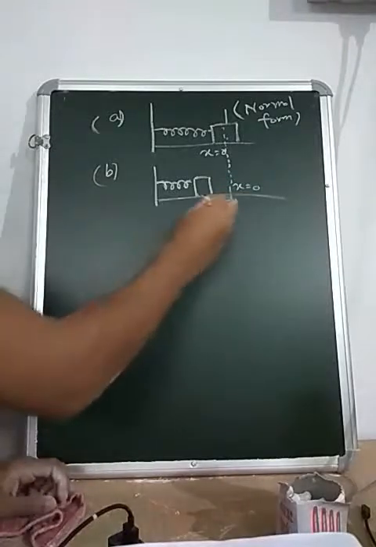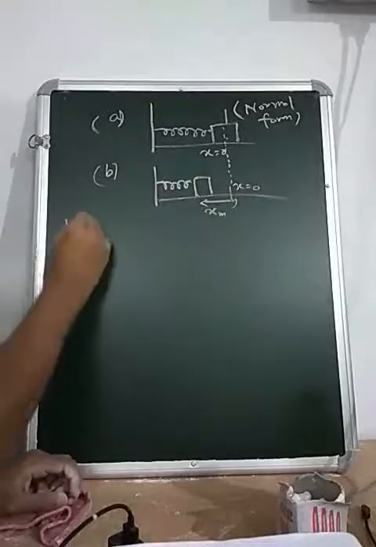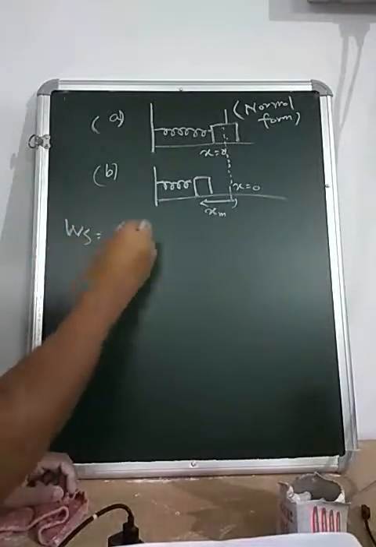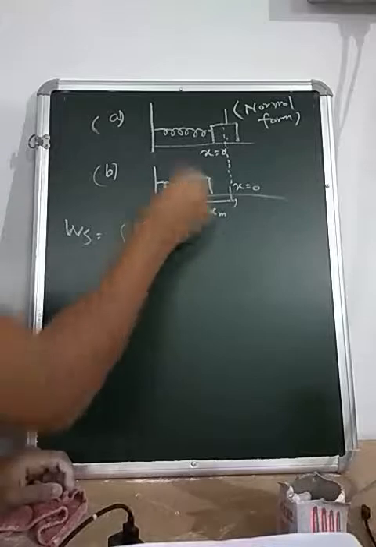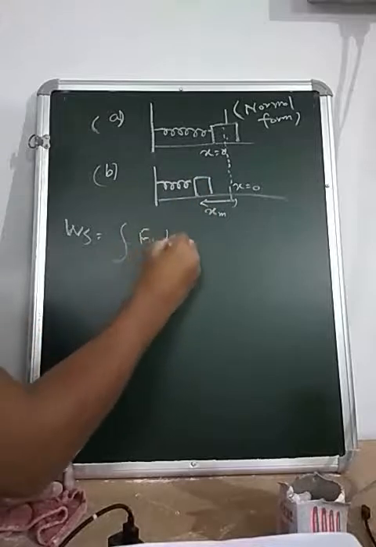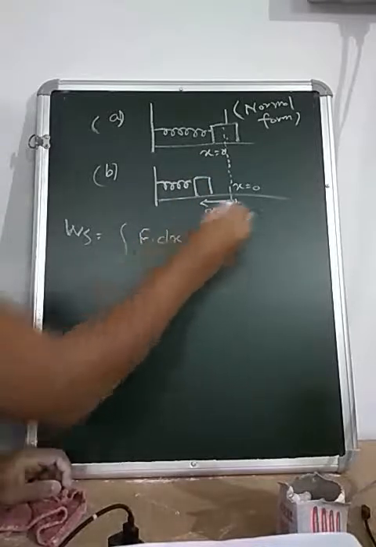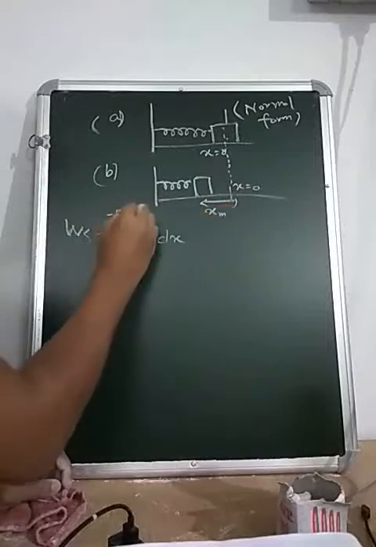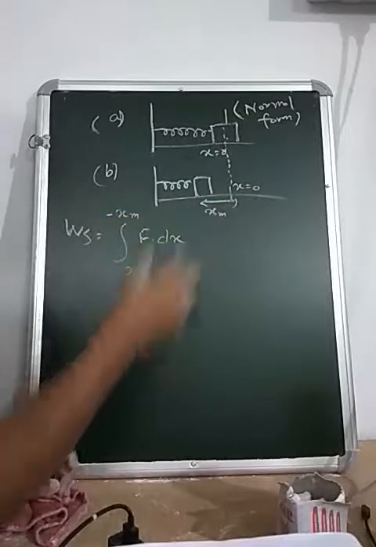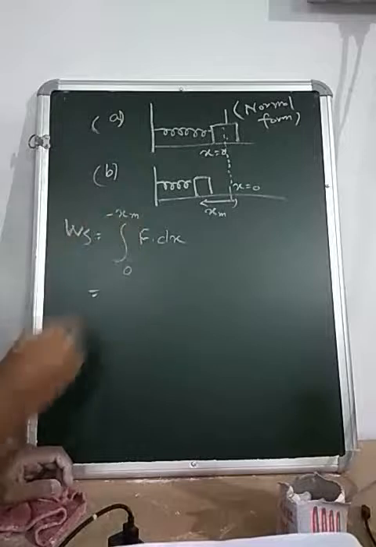So for this amount of compression, what is the work done by the spring? W is F into dx. What is the limit? 0 to minus xm, means we have compressed the spring.